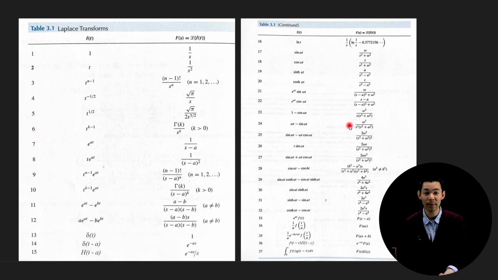Okay, so this looks more promising, right? Everything here on the right-hand side looks more promising. Do any of these look good to you guys? Row number 17 looks really good, because row number 17 has some constant omega on top divided by s squared plus omega squared.